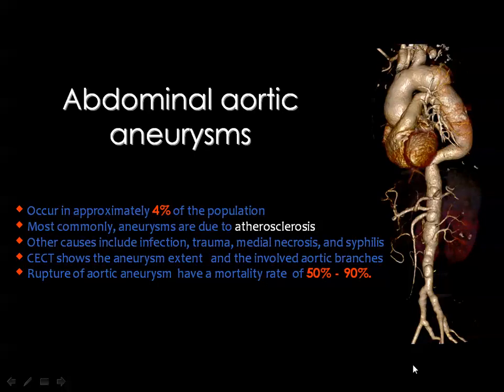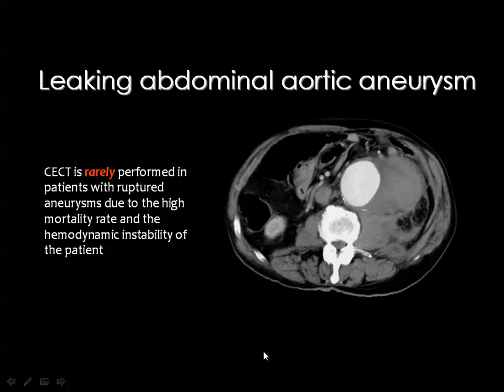And finally, the aortic lesions, which may result in acute abdomen, like aortic aneurysms whenever they leak, or the aortic dissections. The aneurysms occur approximately in about 4% of the population, and they are commonly due to arteriosclerosis. And rupture of these aneurysms may have a mortality of 50 to 90% of cases.